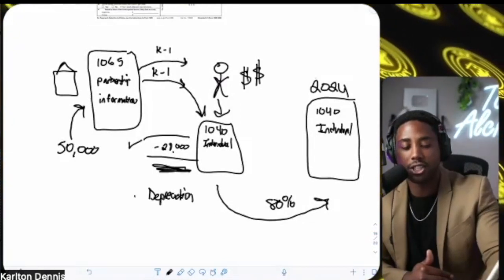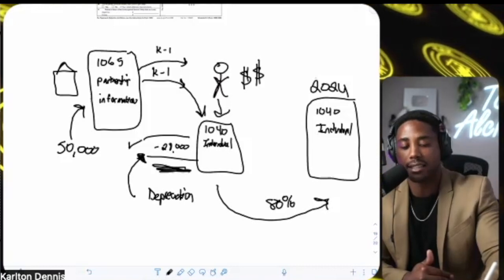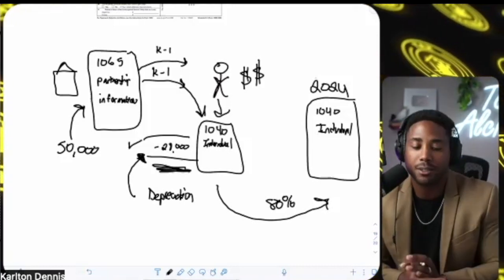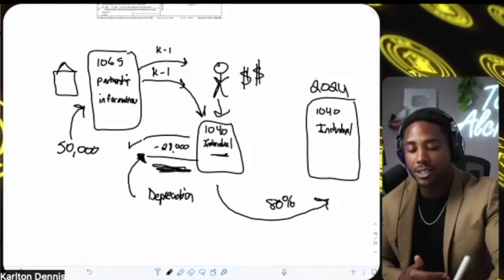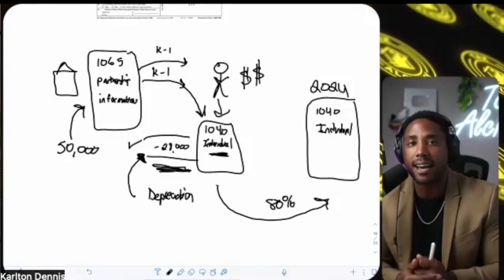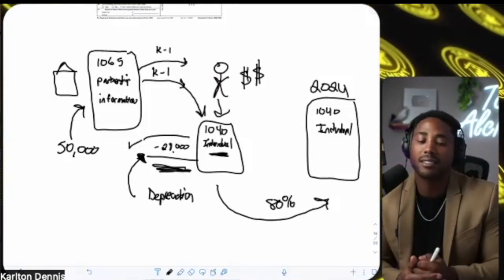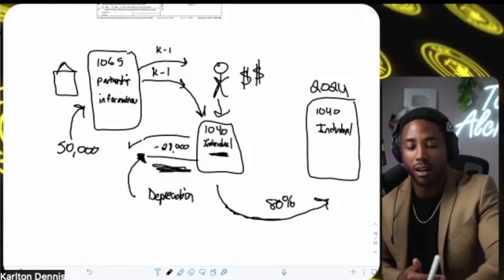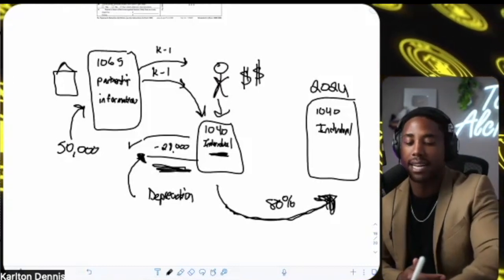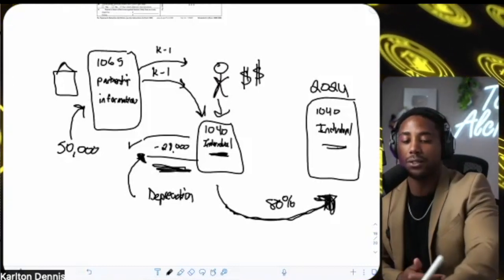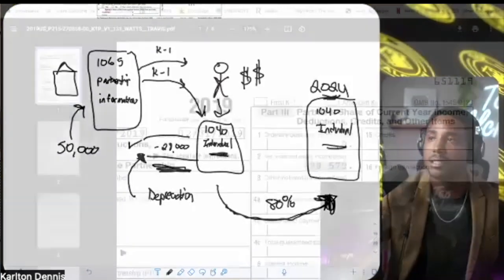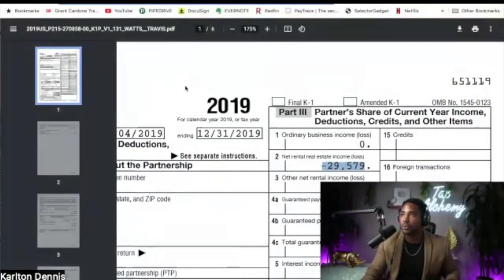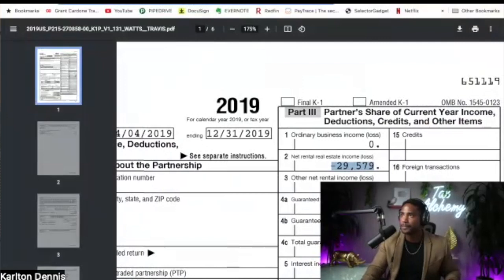And depreciation creates this beautiful tax loss on my returns. When I file my returns, I get to claim that tax loss. And this tax loss can help me build wealth to offset new forms of taxable income as it carries forward into future tax years. And so this is Travis's 2019 K-1 here.